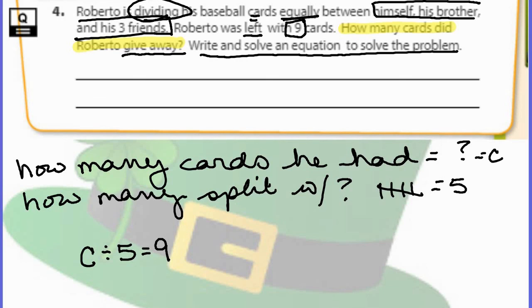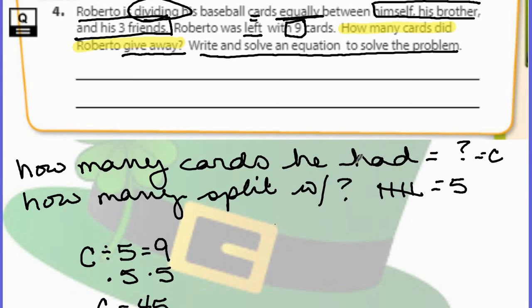And since he split it equally, everybody got 9 cards. So he took the cards, divided them by 5, and each friend got 9. Because if he was left with 9, each friend should have gotten 9, since it says equally. So to solve this, I would multiply both sides by 5. And I would get C is equal to 45.